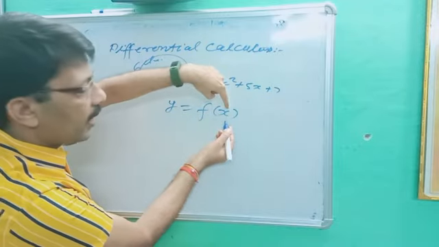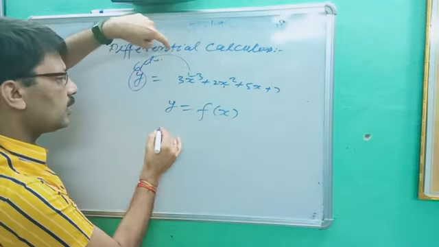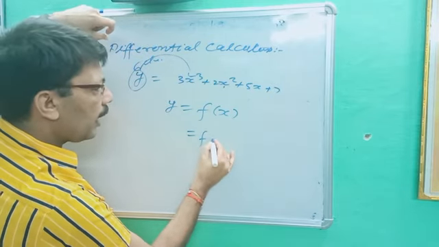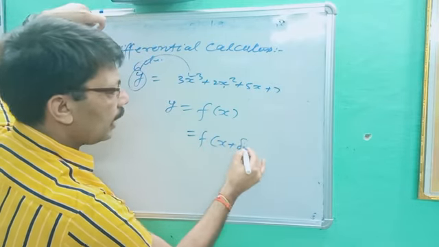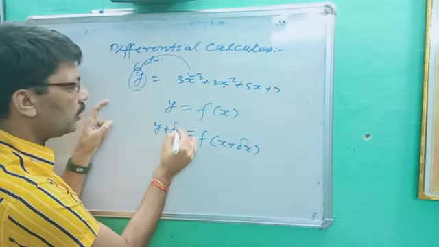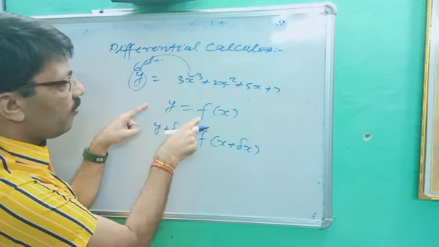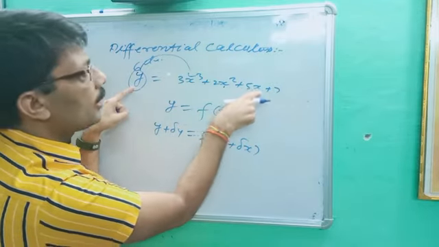If we change the value of x, as we previously did, y changes. So let's suppose x becomes x plus delta x, a small change in x, then y becomes y plus delta y. Notice the point: y was a function of x because y is written in terms of x.